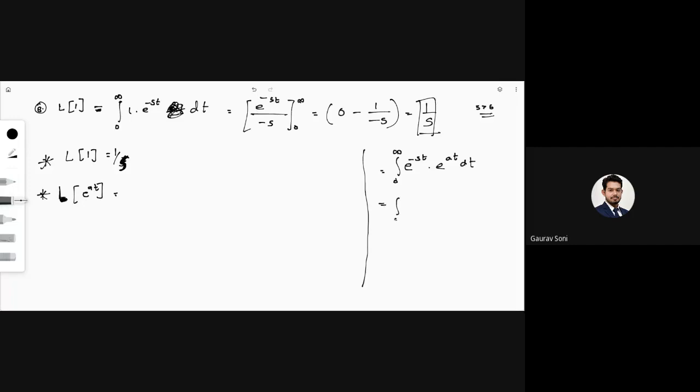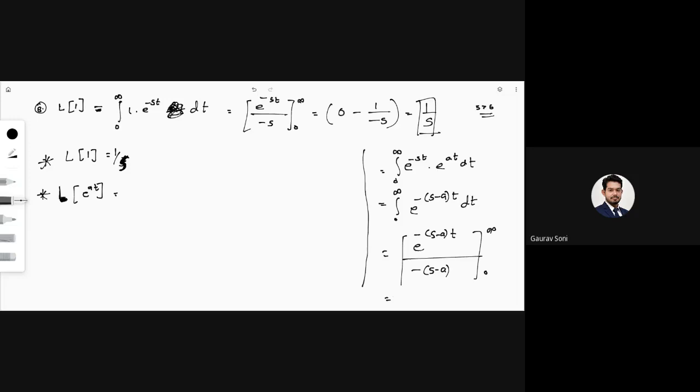This will be the integral from 0 to infinity of e to the power minus (s minus a) t dt. I will integrate this. The integration of e to the power at is e to the power at upon a, with limits from 0 to infinity.